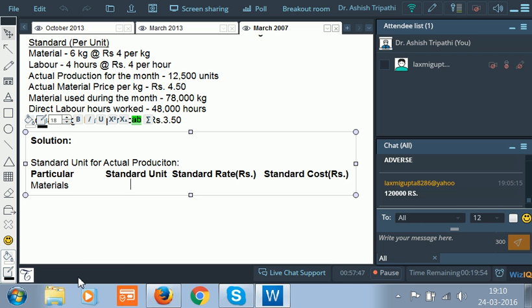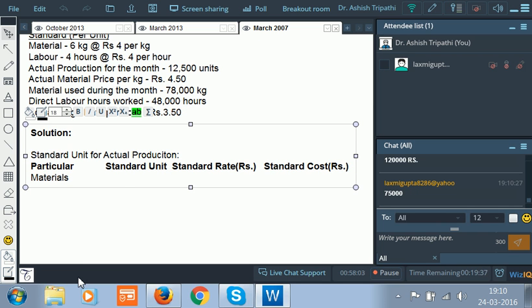For 1 unit it is 6 kg. So for 12,500 unit it will be how much? So 12,500 into 6. Are you getting 75,000? 75,000 kgs.